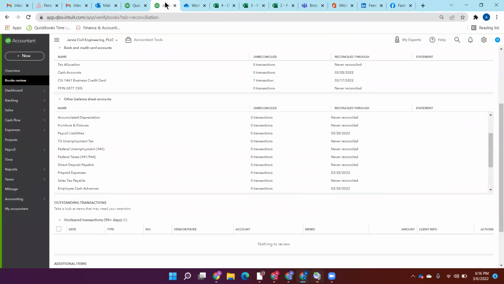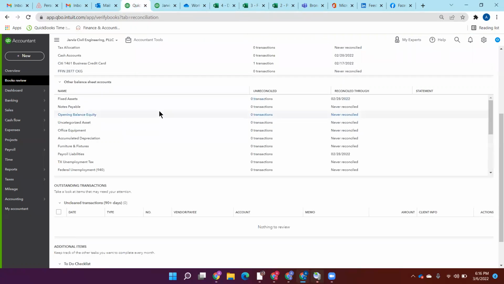And what I ended up doing, because as you can see, it does say reconciled through February now, I just went to the balance sheet and recorded the current balance as of February 28th, and then reconciled that balance. But how do I know if that's right or if I'm off?